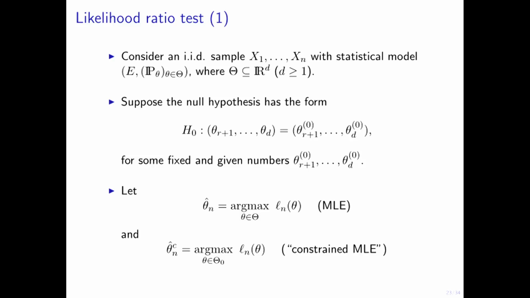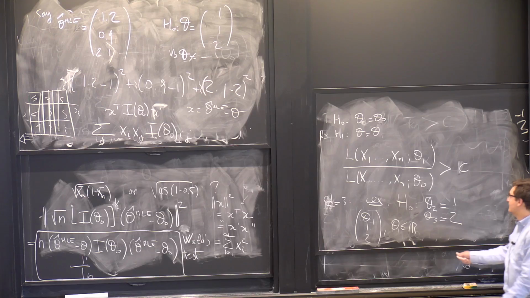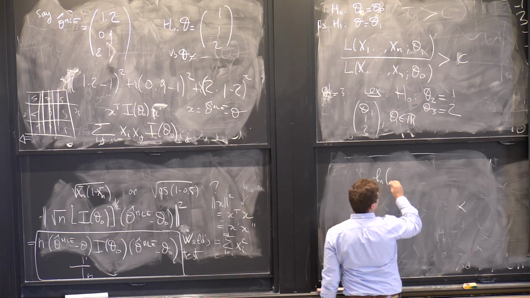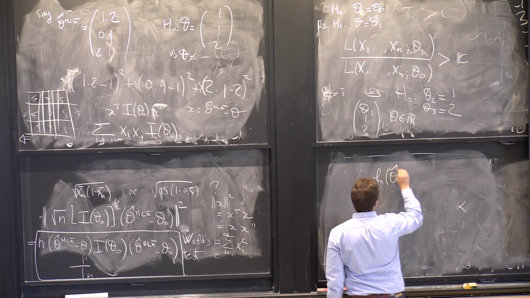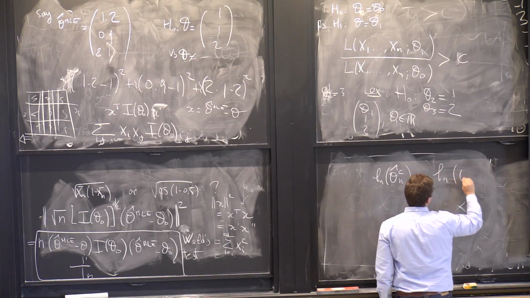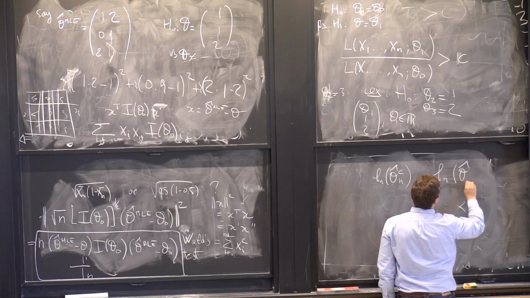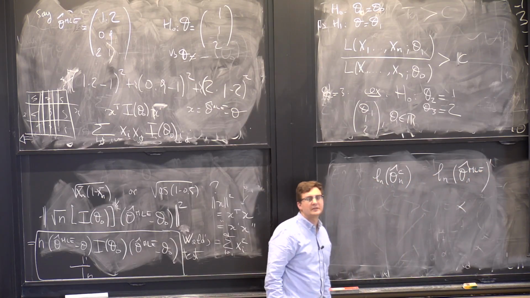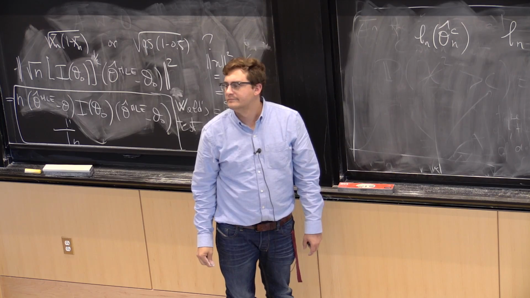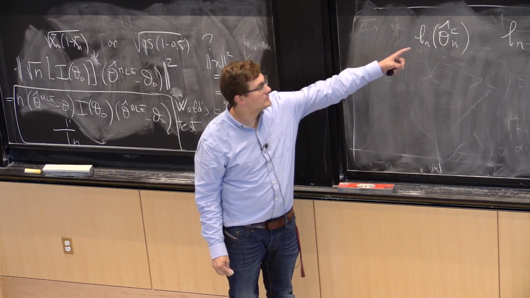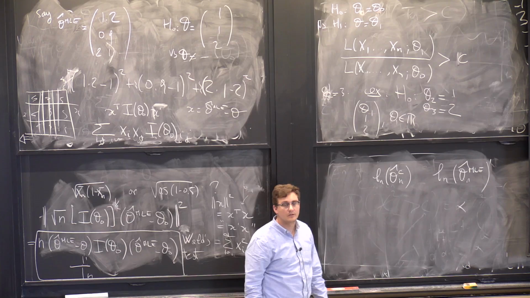So what can I say if I look at Ln of this constrained theta hat n,c, compared to Ln of theta hat n, MLE? Do we know which one is bigger? The first one is bigger. Why?